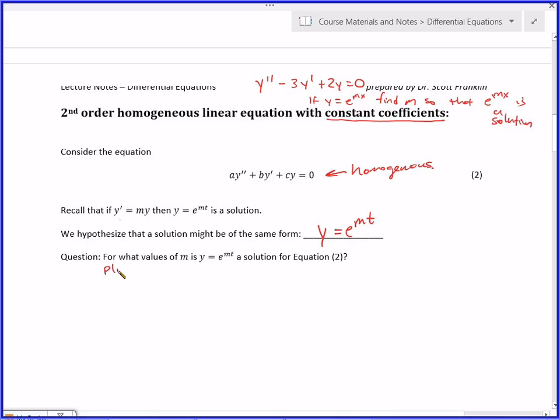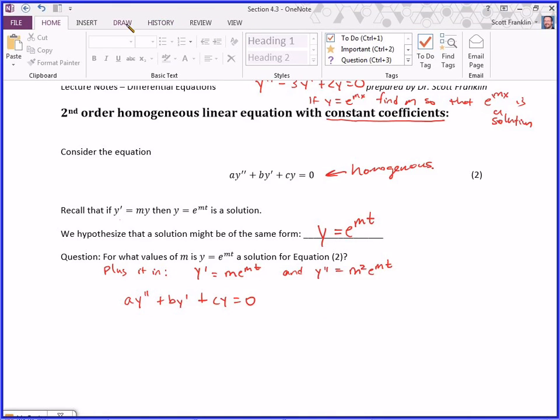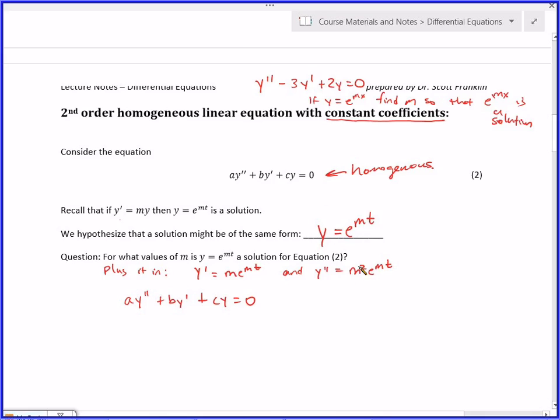So plug it in. y prime becomes m e to the mt, and y double prime becomes m squared e to the mt. So now if we start with ay double prime plus by prime plus cy equals 0, okay, I'm going to stick this in here.